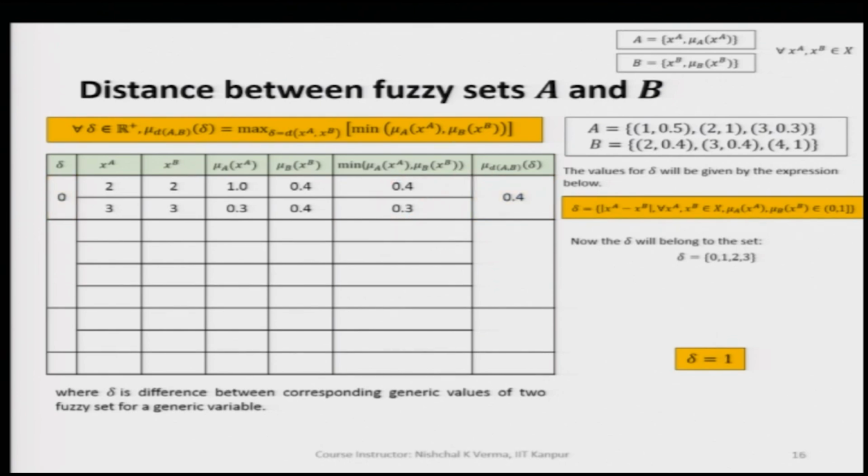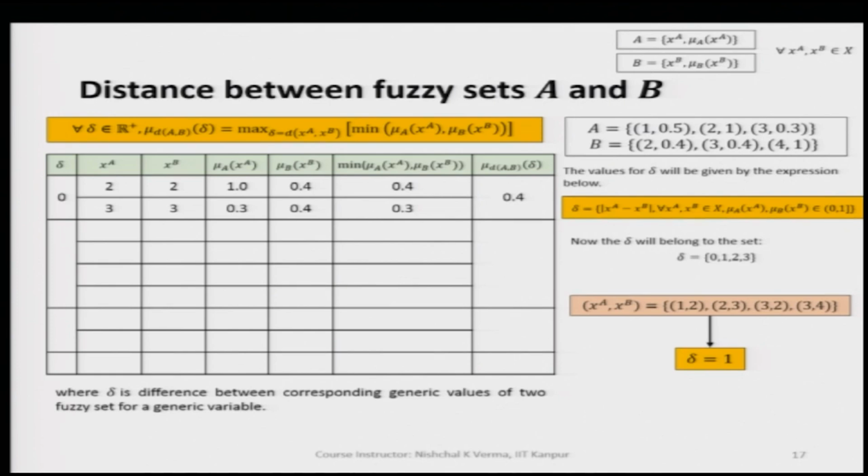Let us now quickly try for delta equal to 1, which is here. If we start finding the x A, x B values from these two given discrete fuzzy sets A and B, we see that we have 4 such combinations.